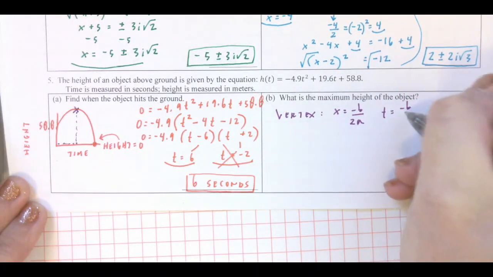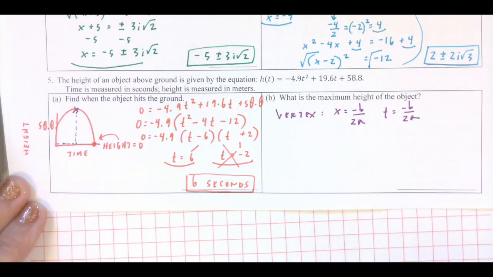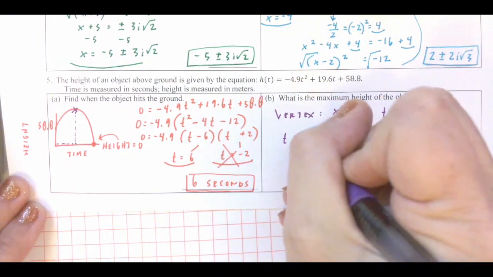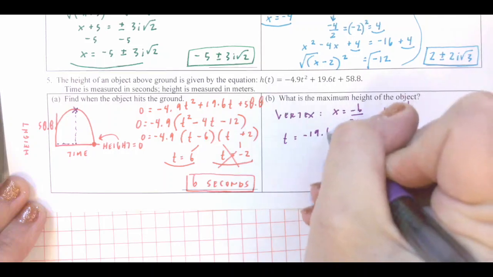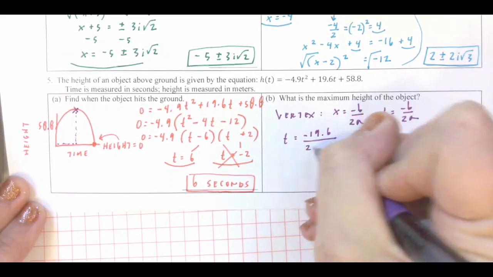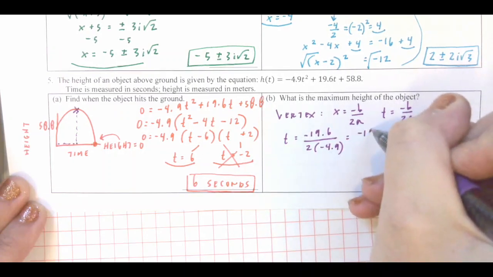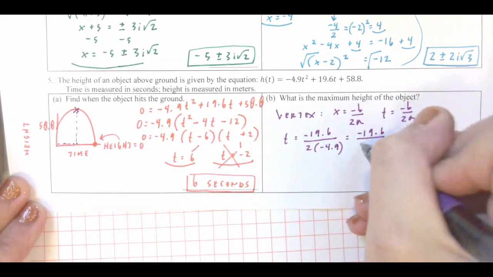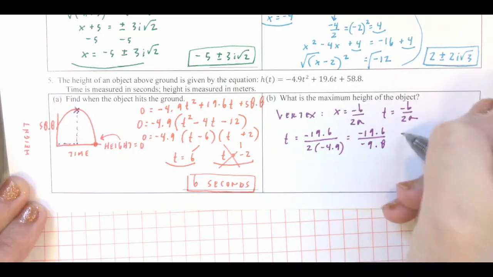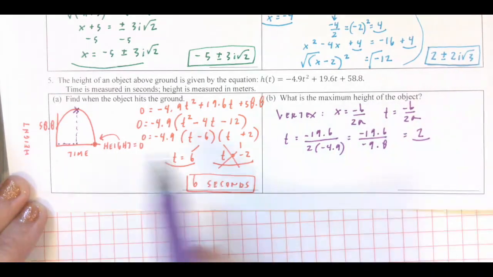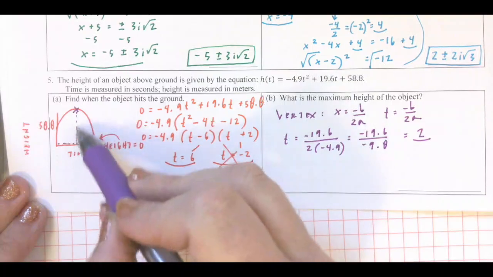So time is negative b over 2a. If I plug in, I'm looking at negative 19.6 over 2 times negative 4.9. Negative 19.6 over negative 9.8 gets me just 2. So it takes 2 seconds to get to that maximum height.